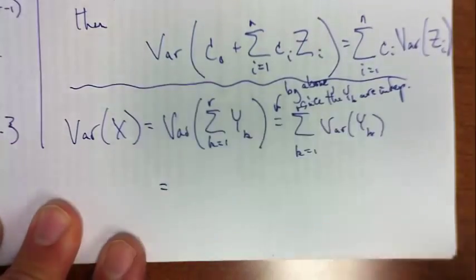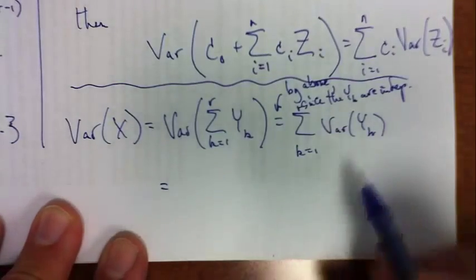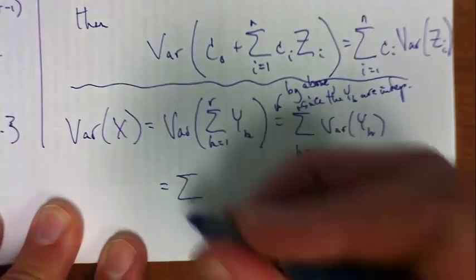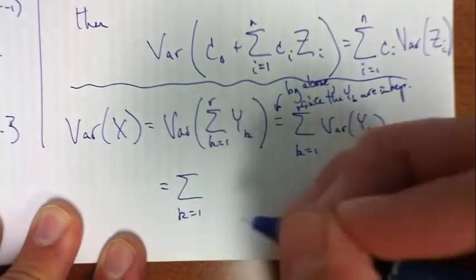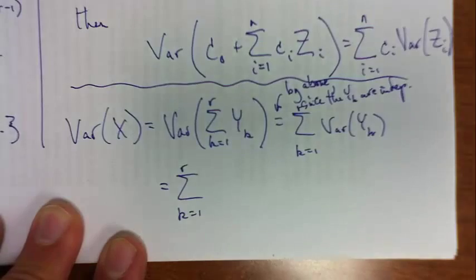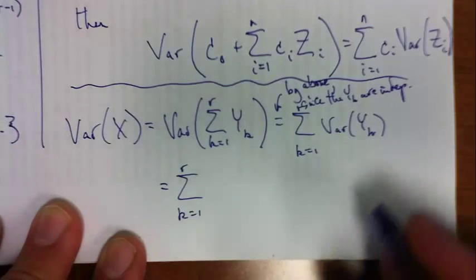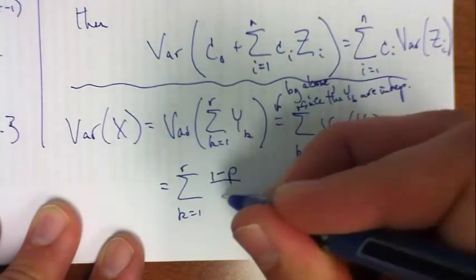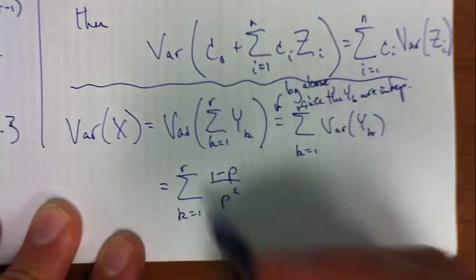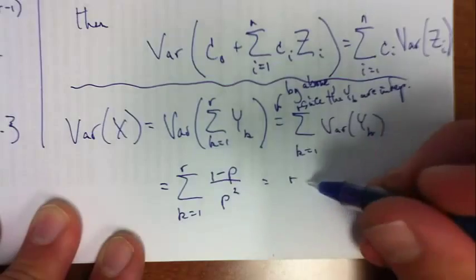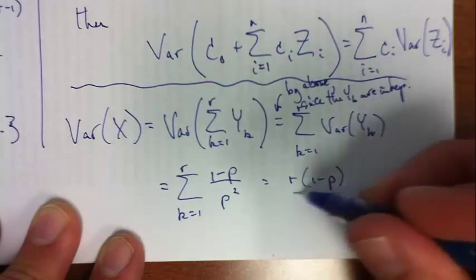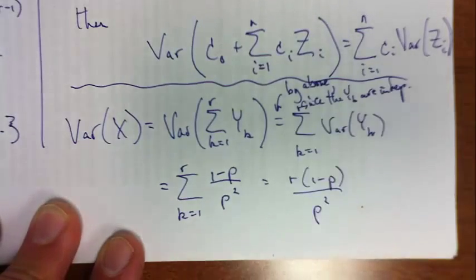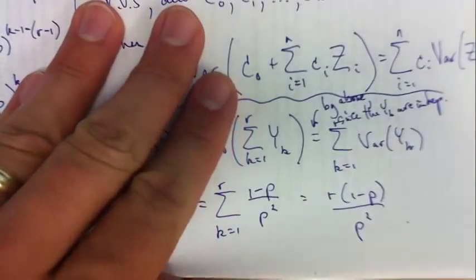Now, what's the variance of any one of those guys? That is, what's the variance of a geometric p? Don't we know this? It's 1 minus p over p squared. And I've got r of these things, so it's just r times 1 minus p over p squared. Fantastic. Okay, so let's do an example.